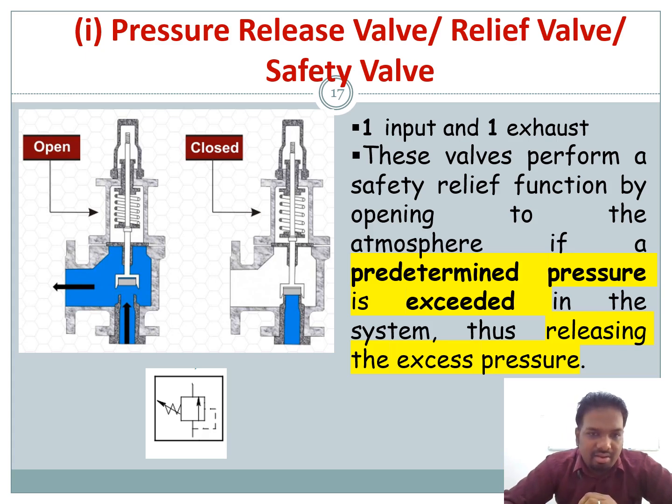So meaning you can twist this part in order to set how much pressure you want the system to take. If the input pressure is more than the pressure that you set, it only allows the amount that you set, and the balance will be released to the atmosphere. So it will have an outlet, and it will release to the atmosphere. That's the function of the pressure relief valve.